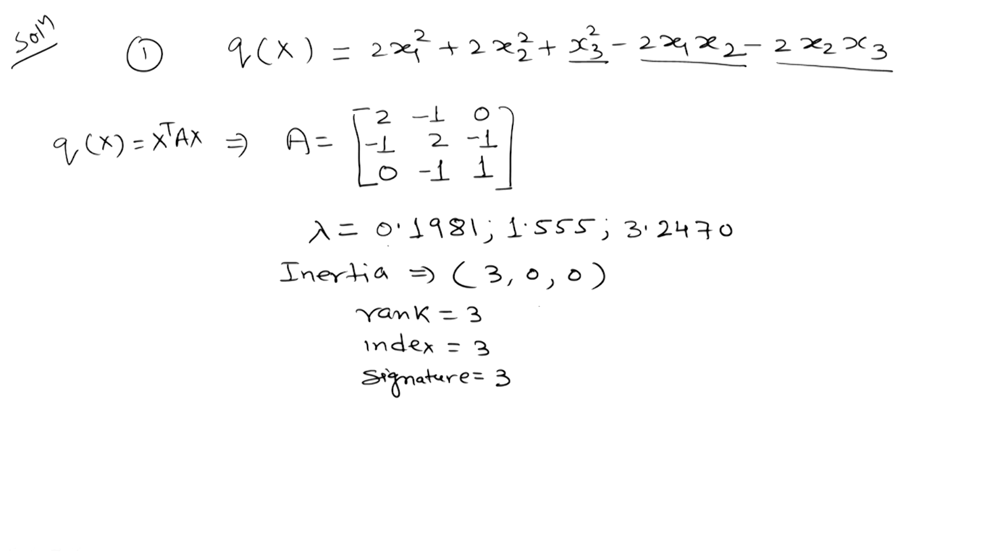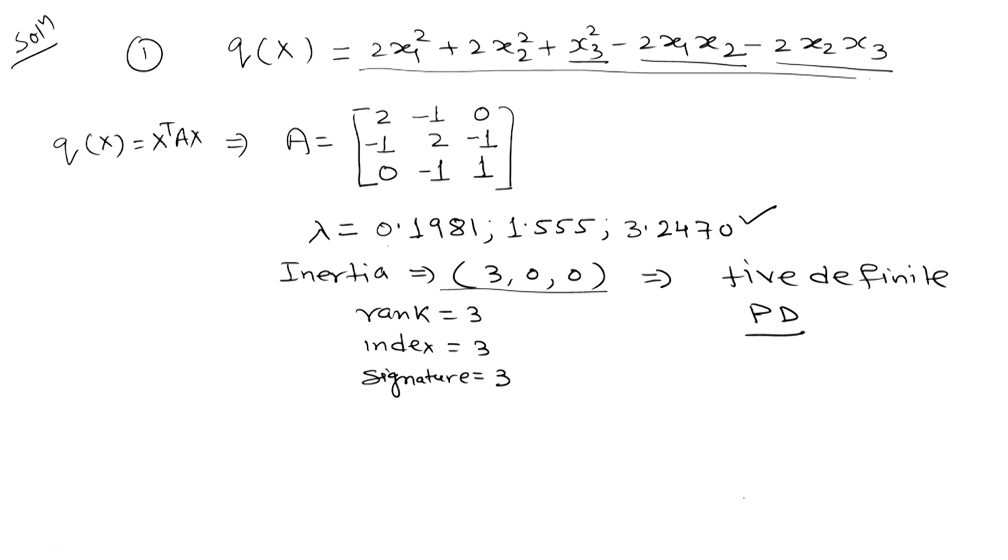Since all the eigenvalues are positive, and rank equals index equals signature, I will say the matrix is positive definite, PD, and hence the associated quadratic form is also positive definite.